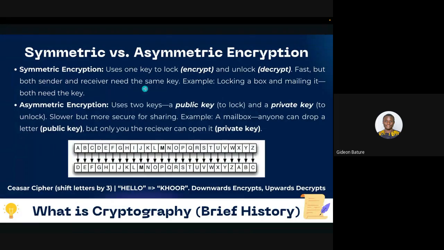Now, I don't know if it's true, but I heard of this, talking about asymmetric in real life. I heard that the ingredients they use in making Coke are with 3 different people.